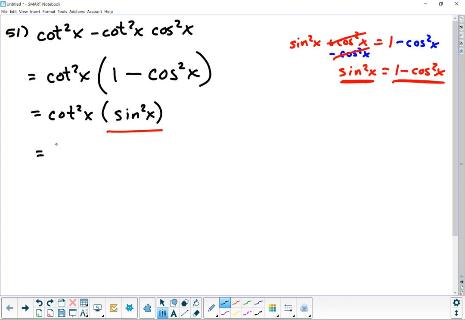I know the trig identity for cotangent: cotangent square x is cosine square x over sine square x, and then multiply by sine square x. You can see what happens here, right? I can cancel these out, and at the end of the day, I would just have cosine square x. Okay, so that's 51.